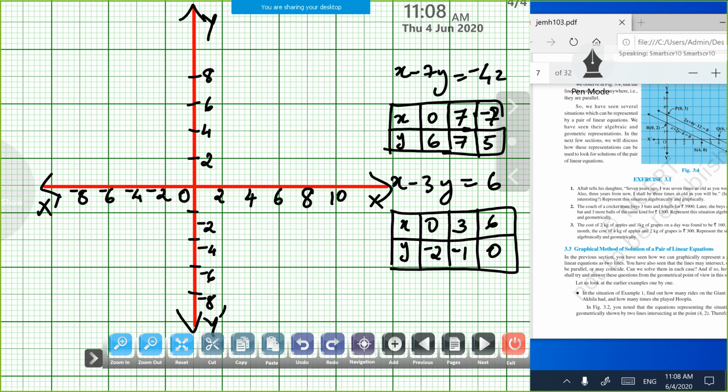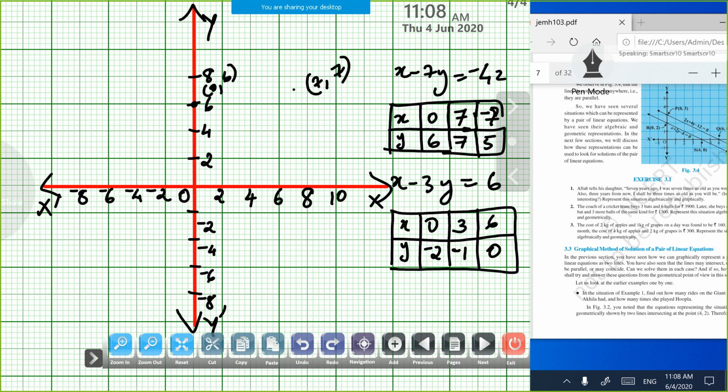Put x is equal to 0, y equal to 6. This is our first point. Plot the point x is equal to 7, y equal to 7. This is the point 7, 7.